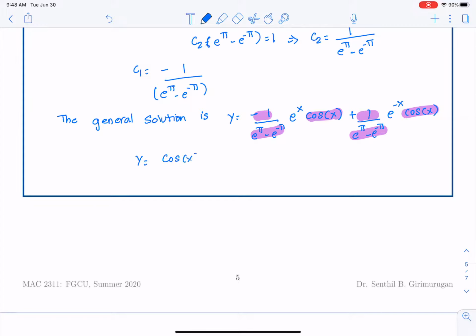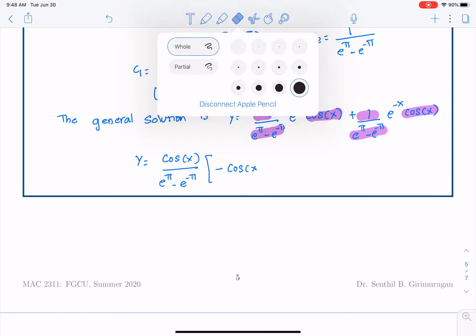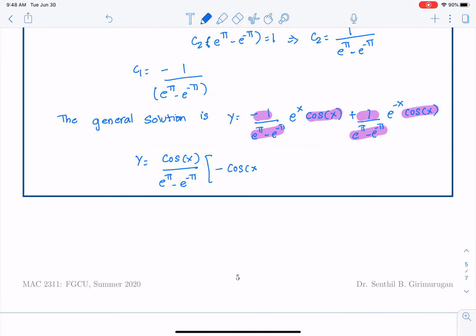So cosine x over e raised pi minus e raised negative pi, negative e raised x plus e raised negative x.